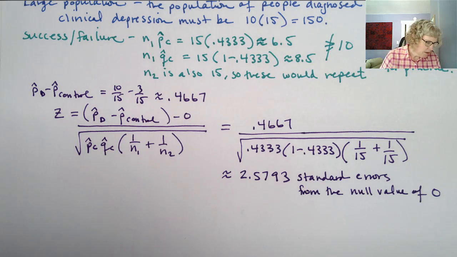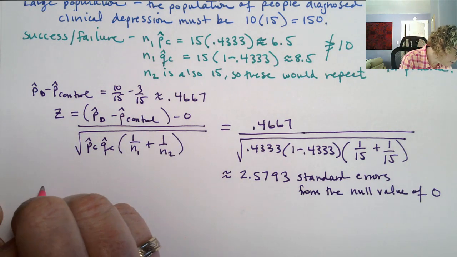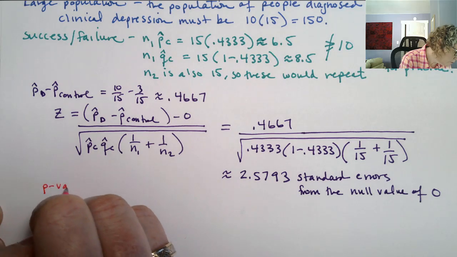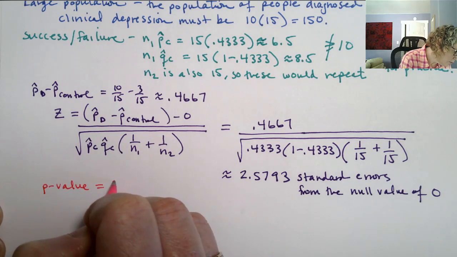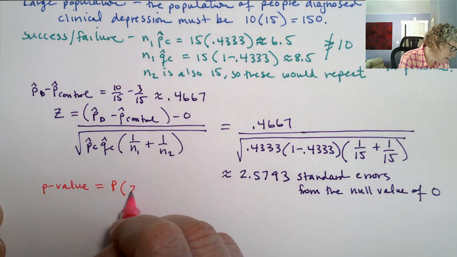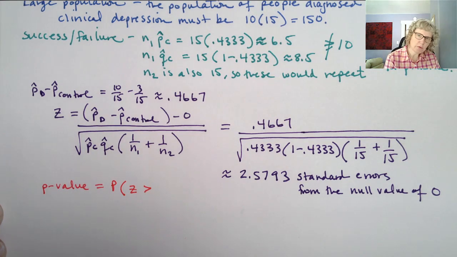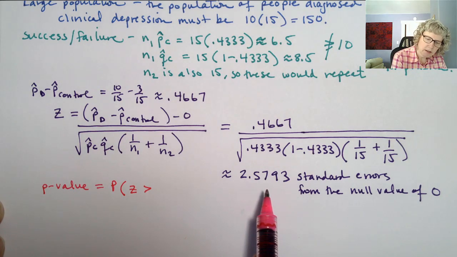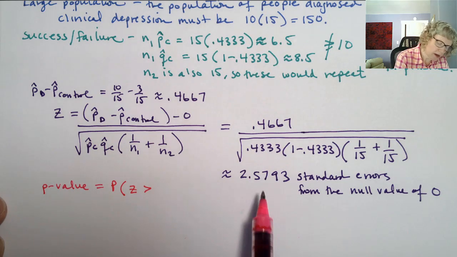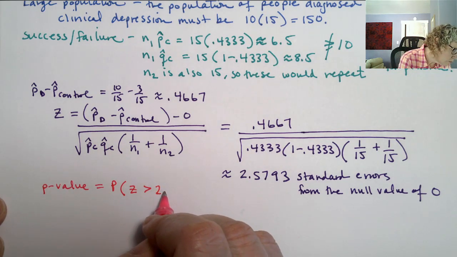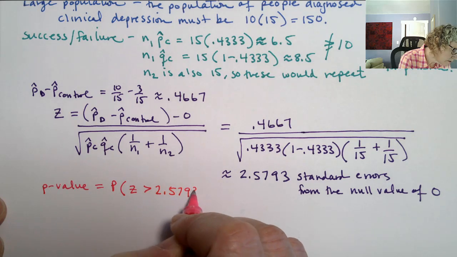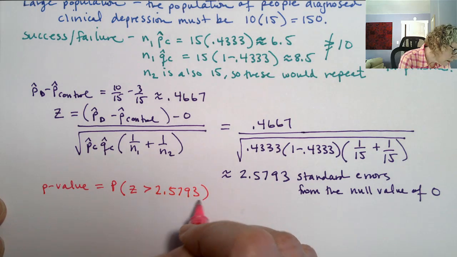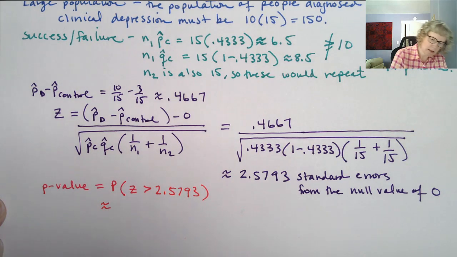Okay, the p-value is the chance of that happening, right? So p-value is going to be a probability that z is greater, because we're doing a right tail test. We want to know if anything this far or to the right or further towards the tail. What's the chance of that? So 2.5793, let's see what that is equal to.